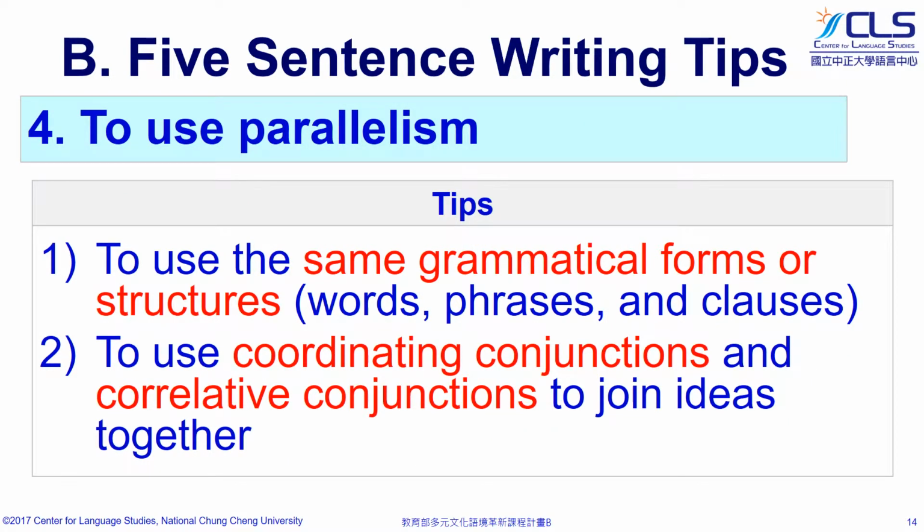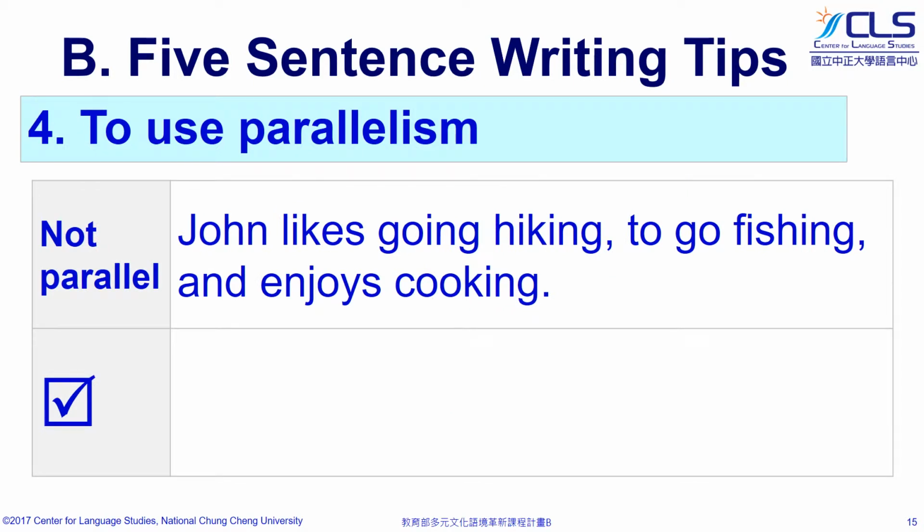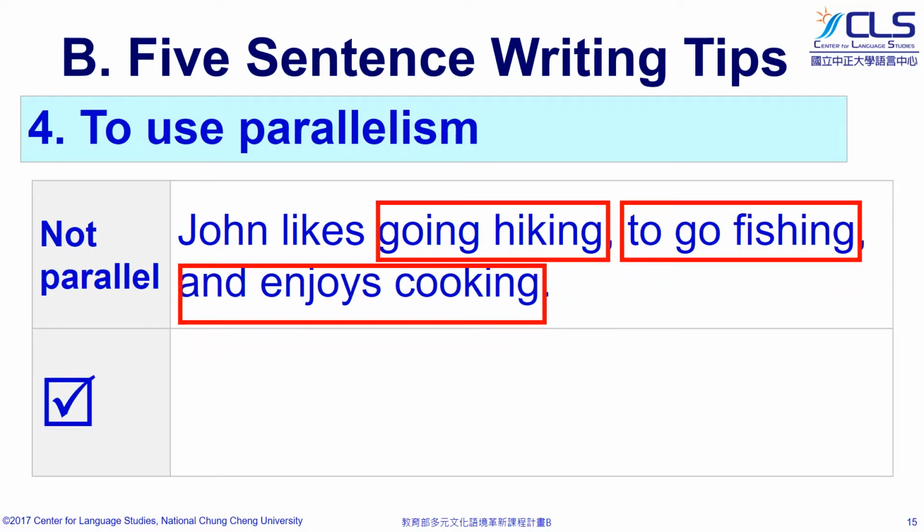The 4th tip is to use parallelism, which means using coordinating conjunctions or correlative conjunctions to join the same grammatical forms or structures, including words, phrases, and clauses. For example, the sentence, "John likes going hiking, to go fishing, and enjoys cooking," is not parallel with different structures, which makes it hard to understand.